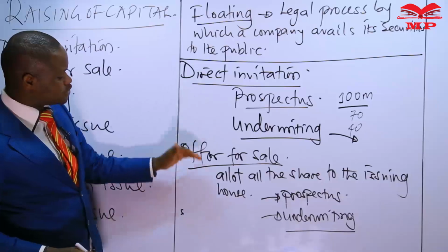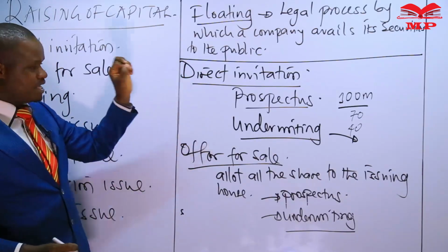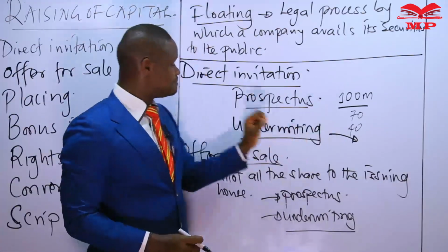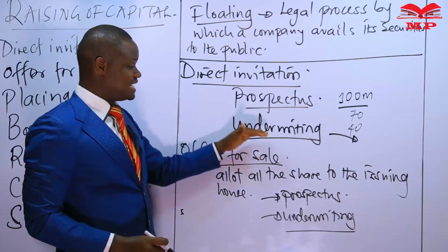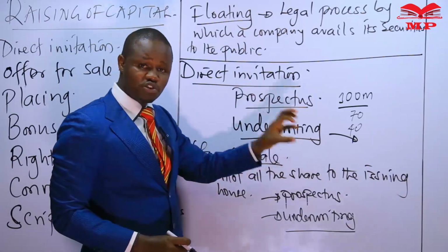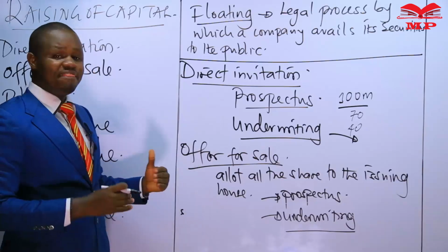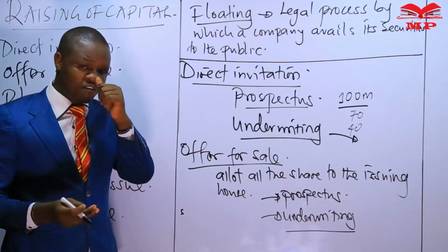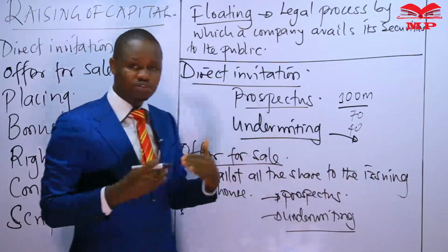So the main difference we notice between these two processes, in the direct invitation, the company raising capital goes directly to the public, prepares the prospectuses by themselves, and if any underwriting is necessary, they also underwrite by themselves. In the offer for sale, they get assistance. They transfer the responsibility of the issue to a second company known as the issuing house. How so?